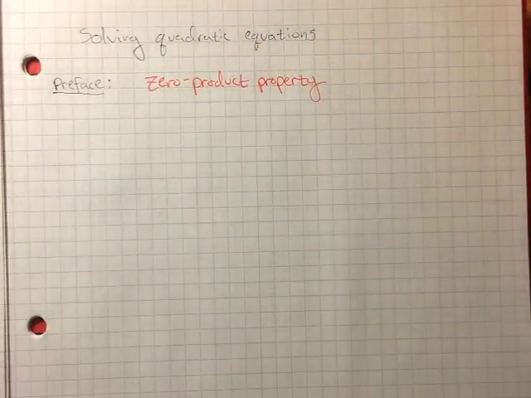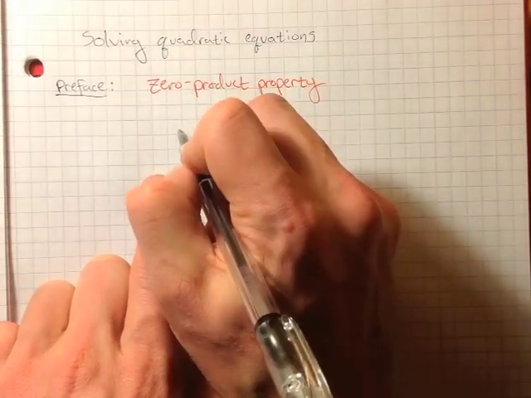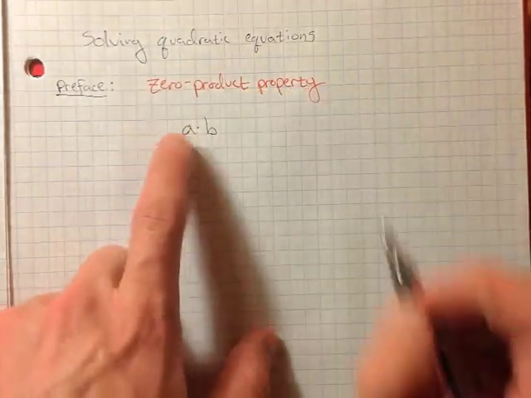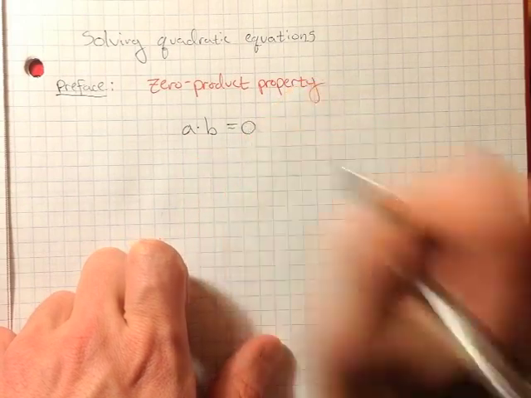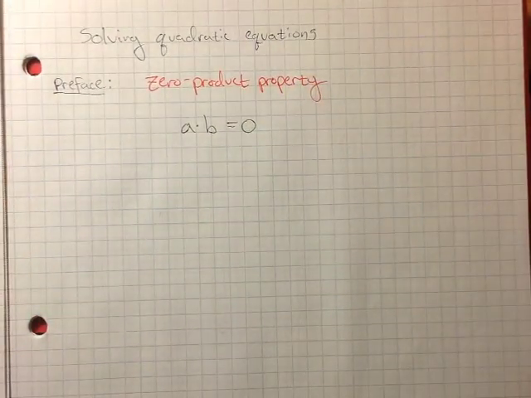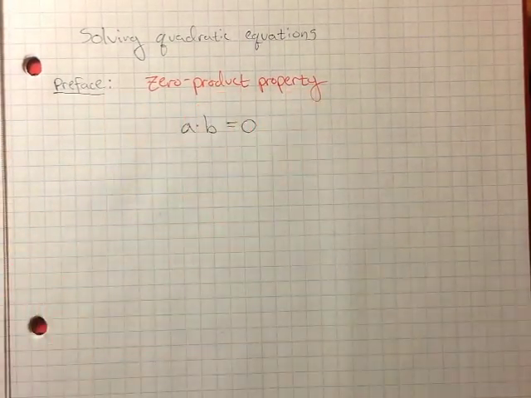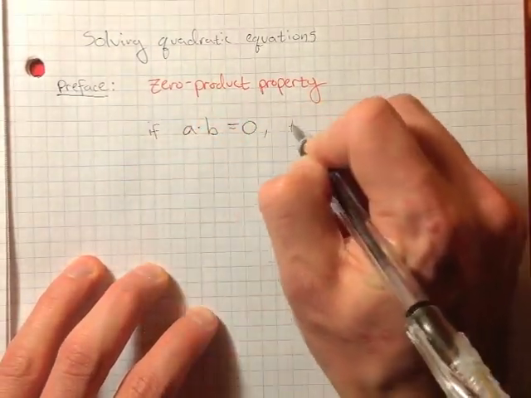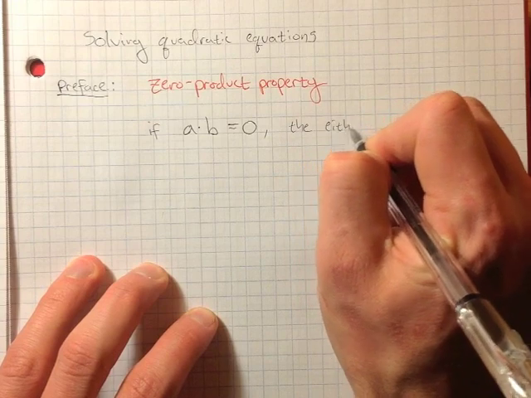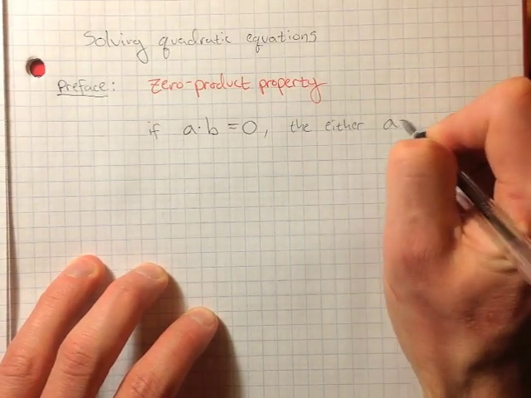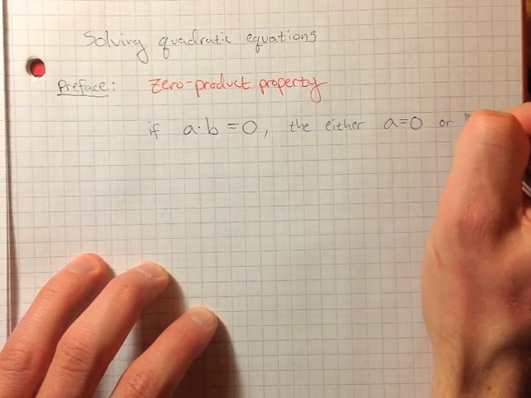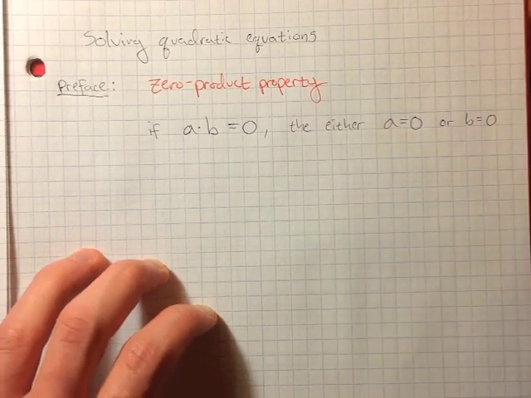Now, let's say we have A times B. If A times B is equal to 0, the zero product property says that either A is 0 or B is 0, or possibly both.